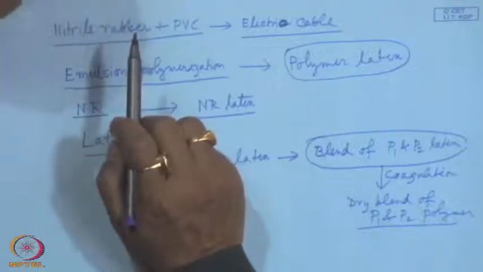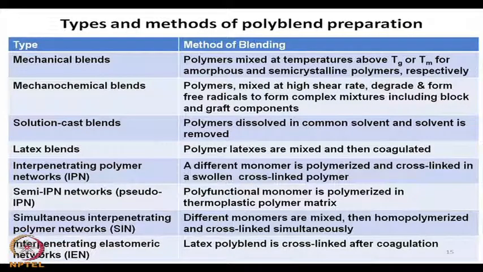Then next is interpenetrating polymer network, IPN. This is a case where a different monomer is polymerized and cross-linked in a cross-linked polymer. So, we can have a polymer 1 which is already cross-linked, then that is put in a solvent or in a liquid phase of monomer of the second polymer, which will swell the first cross-linked polymer.